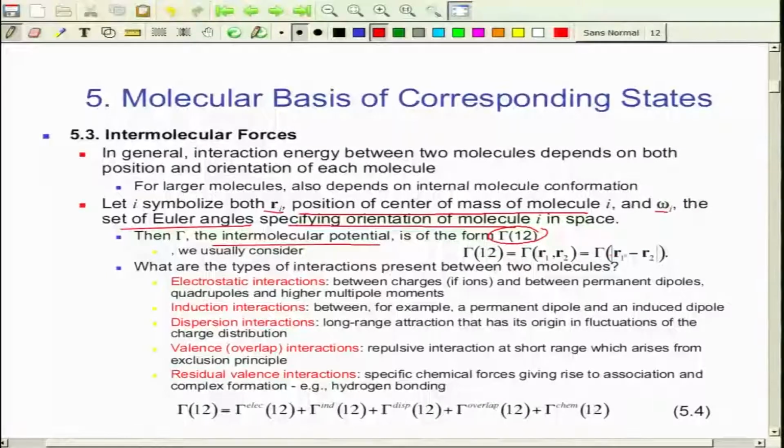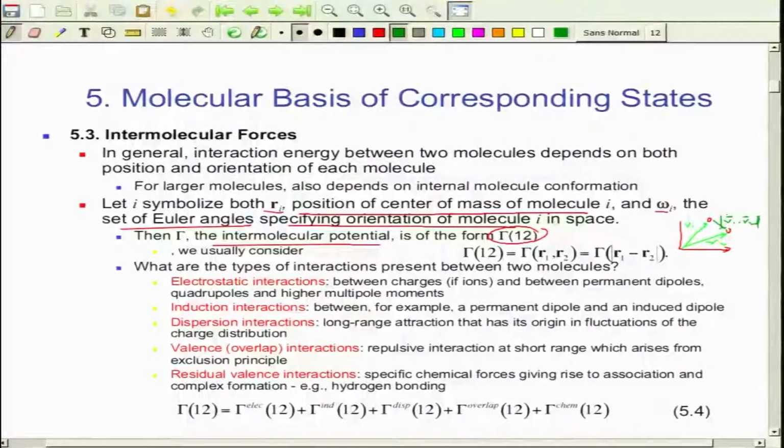This is what we typically use. Since in space this is our interest, this may be r1, this may be r2, but our interest is basically r1 minus r2, and the modulus of that.